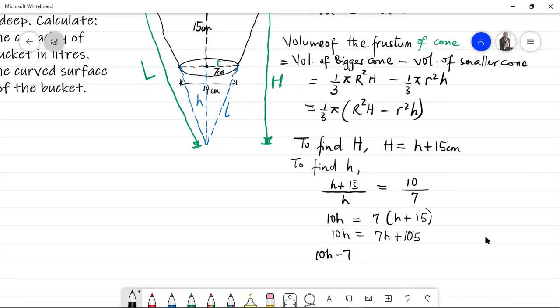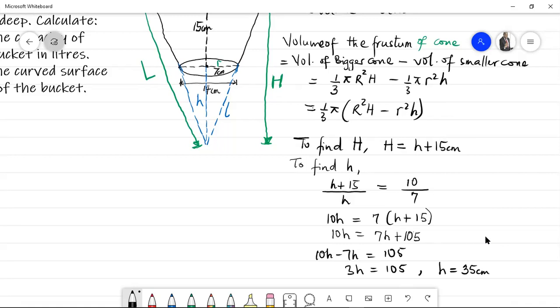So expectedly, we have 3h equals 105, and that shows that h is equal to 105 divided by 3. When you divide that, you get 35 centimeters for the small height of the cone.